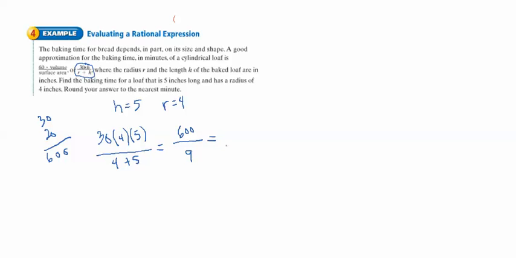Then I'm going to divide. So 9 will go into 600. Let's see, 5's too small, 6 is 54, 7 is 63, so it's going to be 6. Got 54. And then we've got another 6, 54 again.